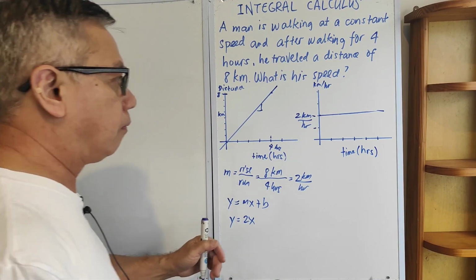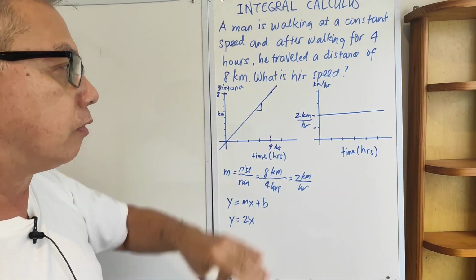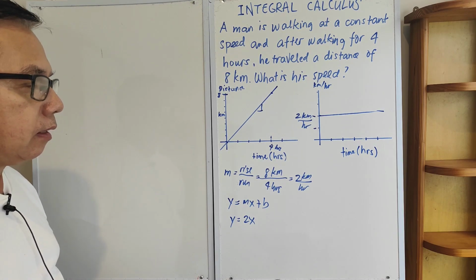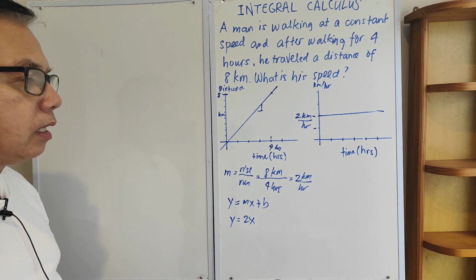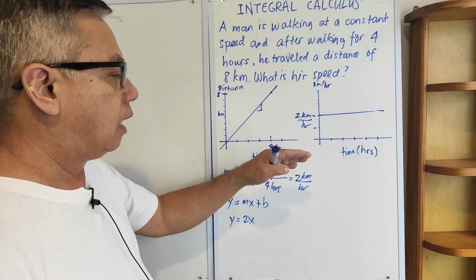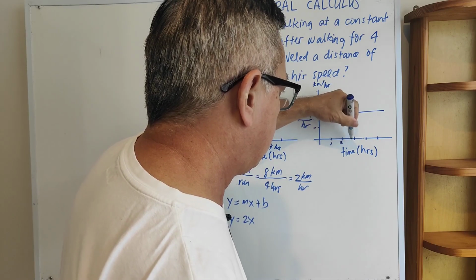Now, for example, he has been walking constantly at 2 kilometers per hour. If we want to know how far he has traveled after 3 hours, so let's just go 1, 2, 3.